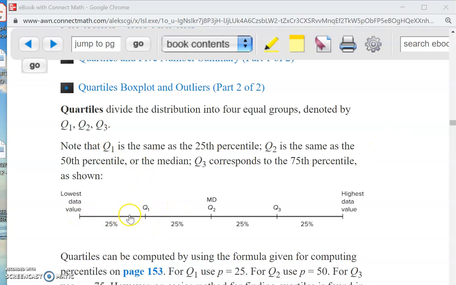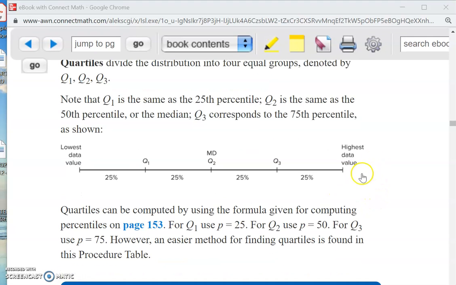That's the 25th percentile because 25% is below it. Q2, that's the 50th percentile because here's 25%, here's 25%. So you see what's going on here, right? Q1, Q2, Q3, those are the actual numbers. And then over here, what a rational person would normally call Q4, that's just the highest data value.